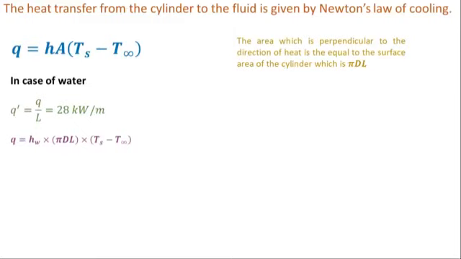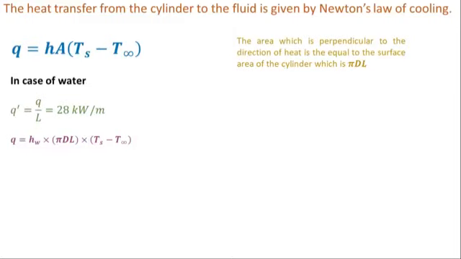Utilizing Newton's law of cooling, Q = hW π d L (Ts − T∞). hW refers to the heat transfer coefficient, convective coefficient in case of water, πdL is the surface area of the cylinder, because heat transfer will occur in the direction perpendicular to the surface area of the cylinder.